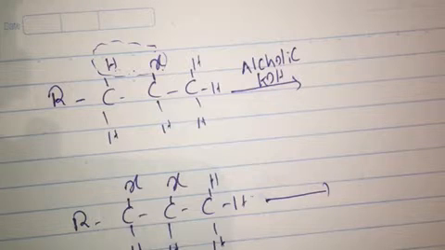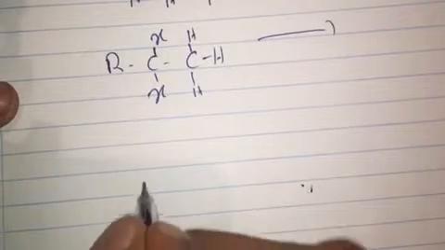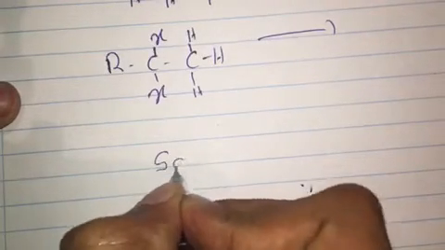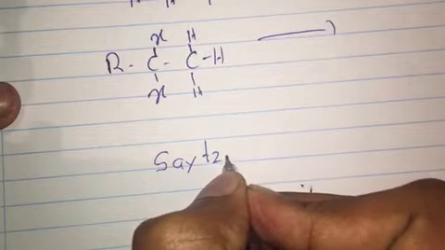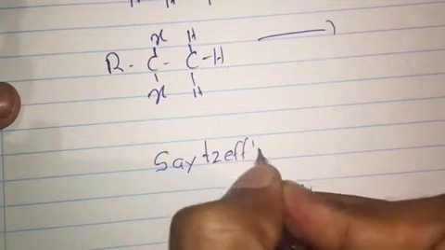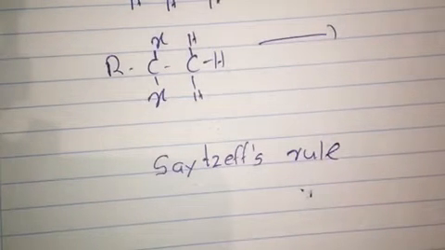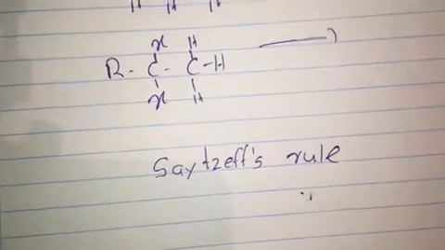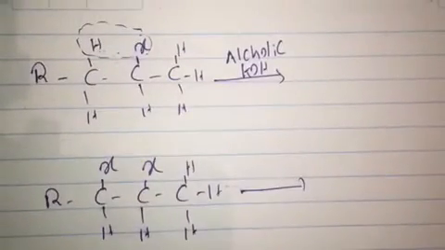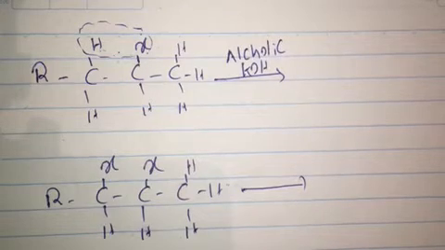For this we use the Saytzeff rule. We use the Saytzeff rule to determine which hydrogen is released with the halogen group.